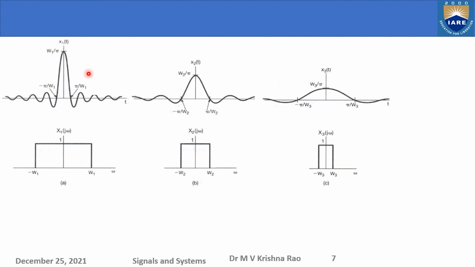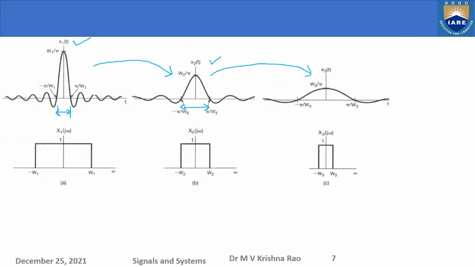This is x1, the sync pulse. The pulse width between the first nulls is very small here. Then x2 I have taken slightly expanded between the first nulls, so its width is a dilated version of this. I have expanded this pulse, and I have further expanded this pulse.